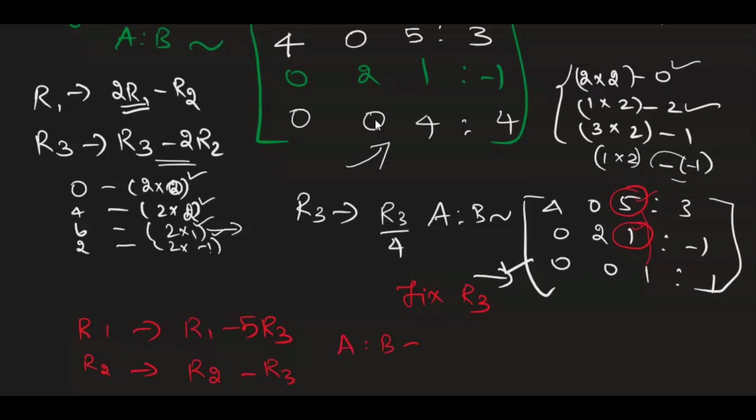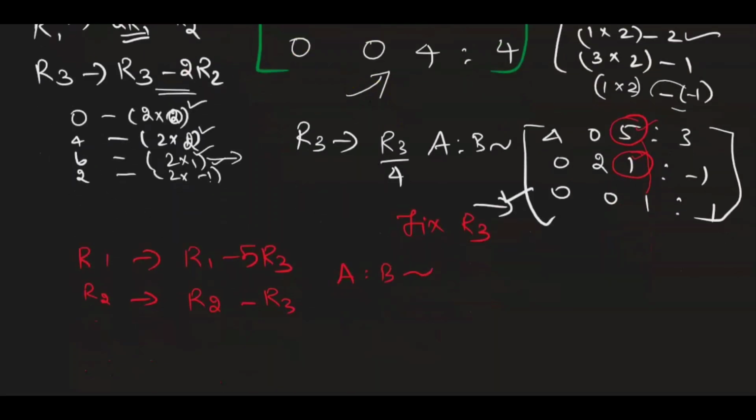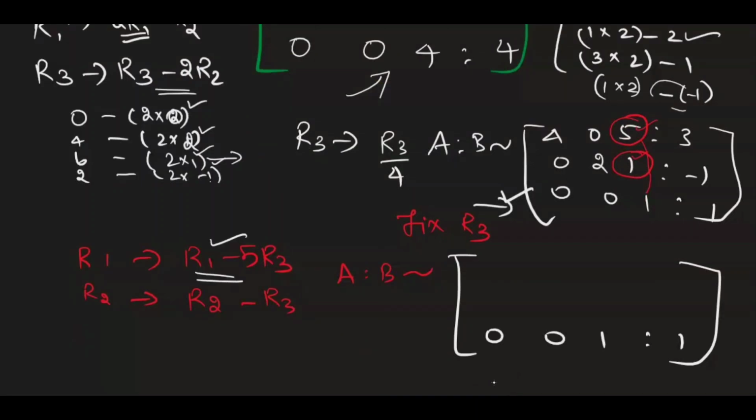So we will write the augmented matrix. The last row we'll write as it is. And when we implement R1 minus 5 R3, what are the values? 4 minus 5 into 0, which is 4. And then 0 minus 5 into 0, which is 0. Then 5 minus 5 into 1, which is nothing but 5 minus 5, 0.